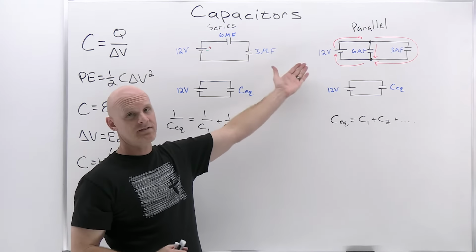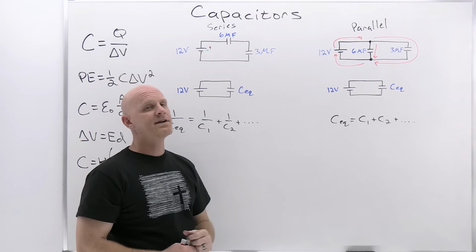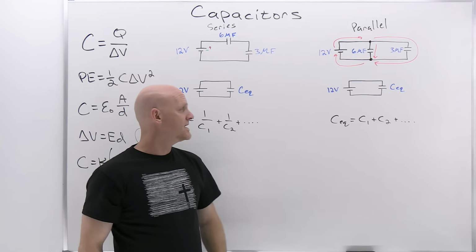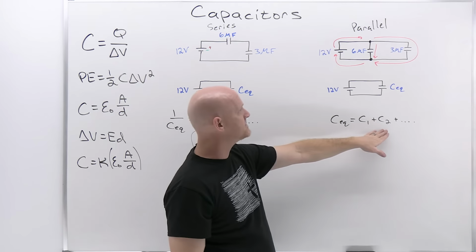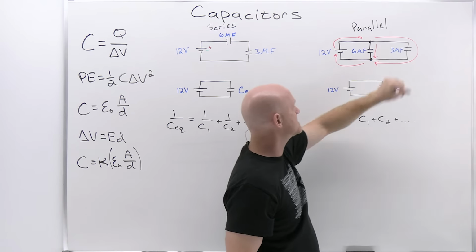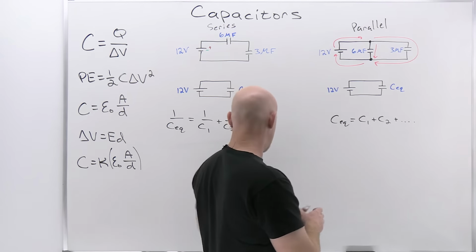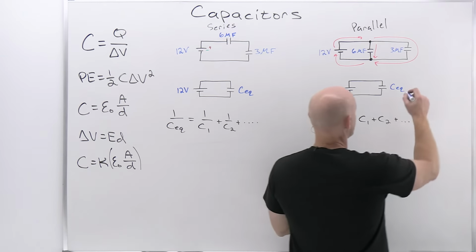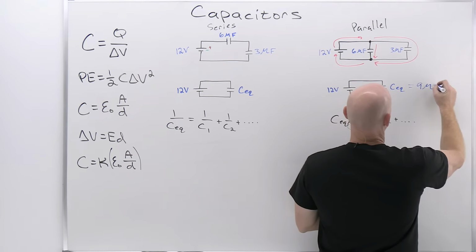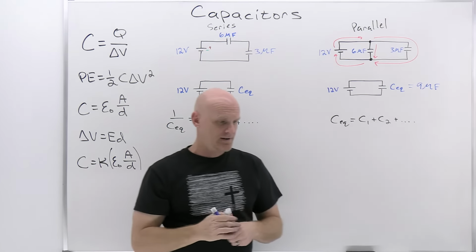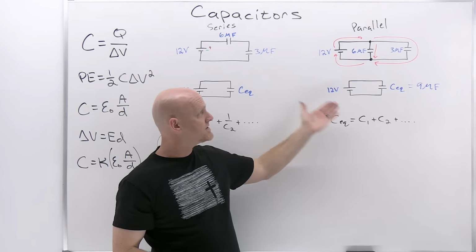So in parallel, that's the gift as far as capacitors go. We'll find out with resistors, it's the exact opposite of which one's the gift. But when you can just simply add them together, here C1 plus C2, 6 microfarads plus 3 microfarads, is going to get us an equivalent capacitance of 9 microfarads. Life is good.